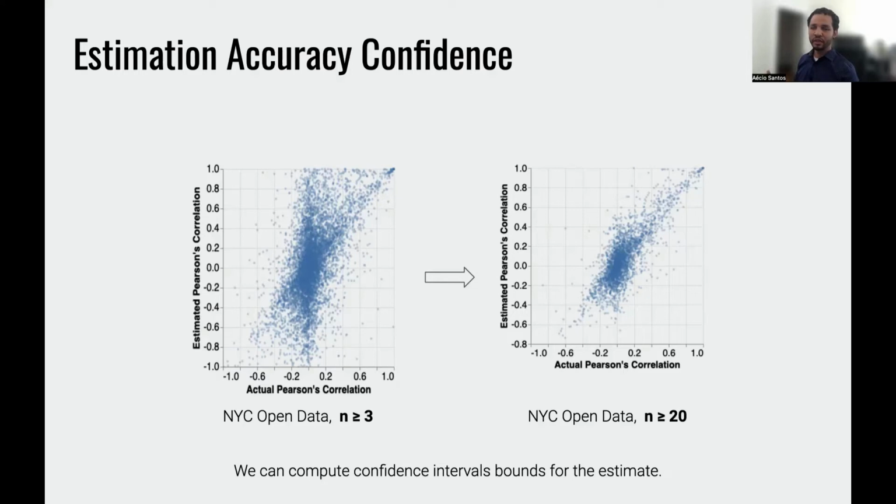And we show that they not only depend on the sketch size, or actually on the intersection of the sketches, but it also depends on the range of the variables that we are looking at.